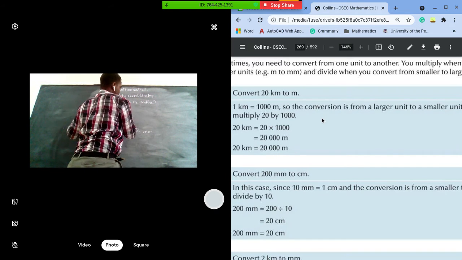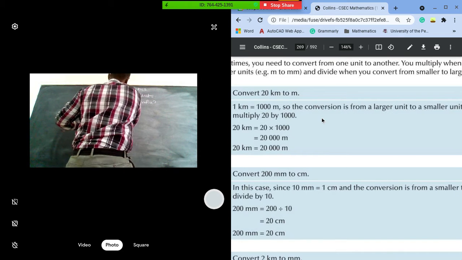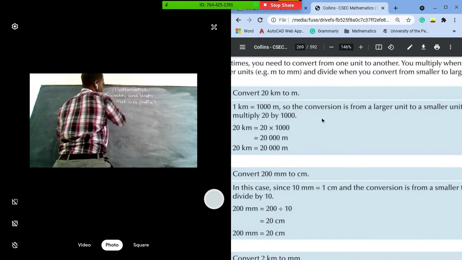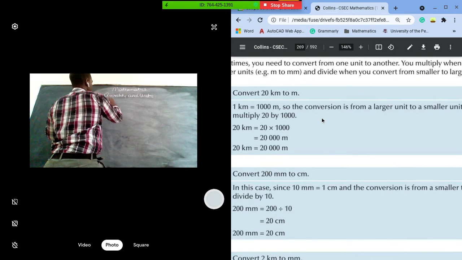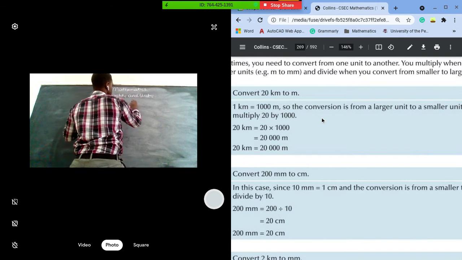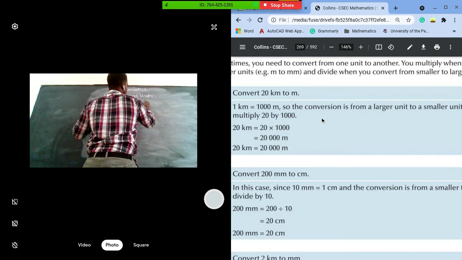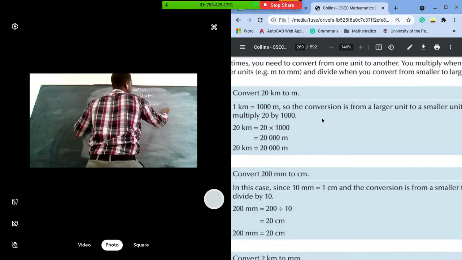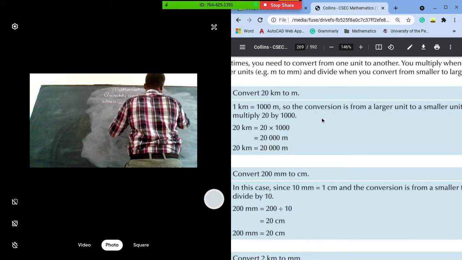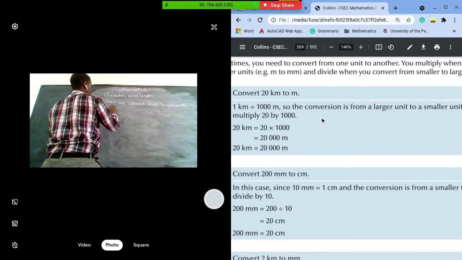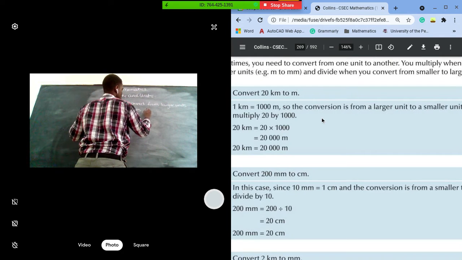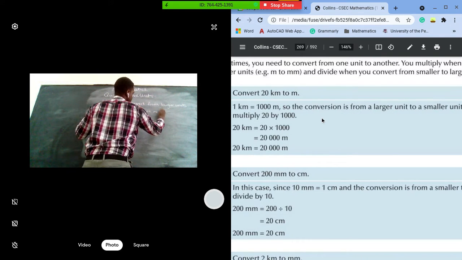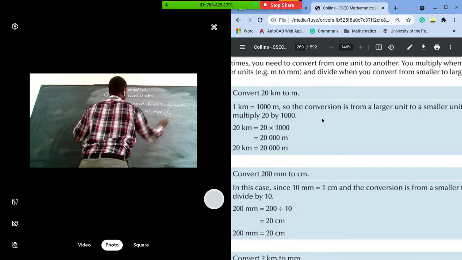When we convert from larger units to smaller units, we multiply, and the opposite is true.